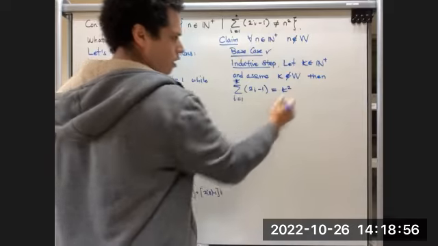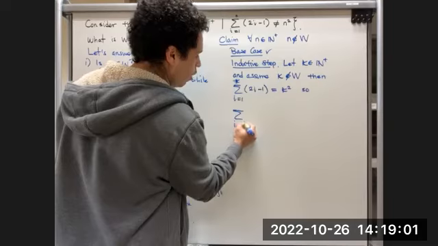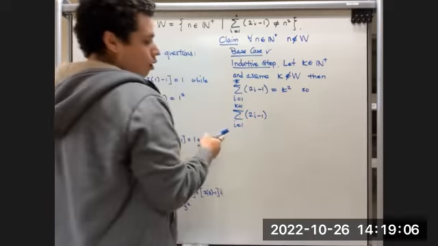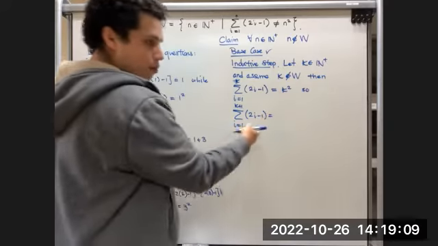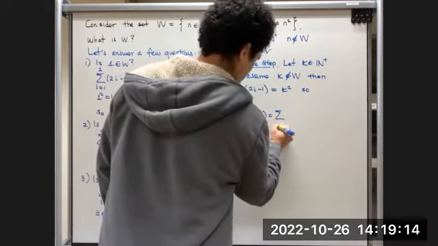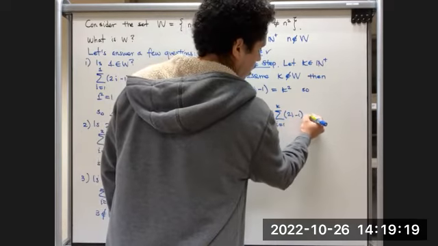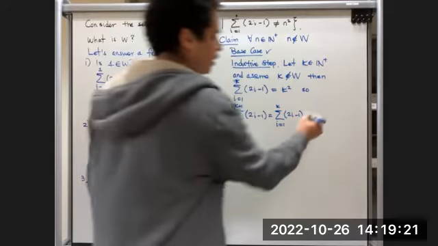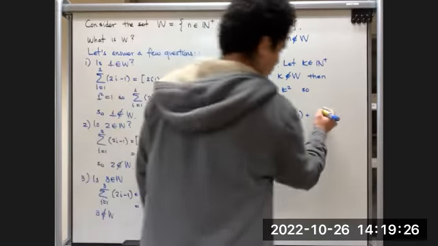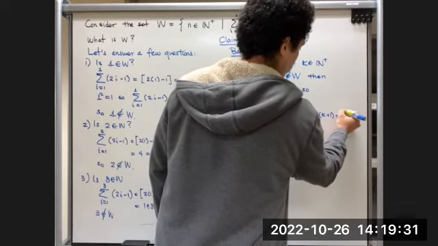Okay, so if I develop the sum that ranges from 1 up to k plus 1 of 2i minus 1, well, this one may be decomposed in two terms. One involving the sum from 1 up to k, and then the k plus 1th term. And what will that be? Well, that's simple. We just have to replace i with k plus 1, and we'll get 2 times k plus 1 minus 1.